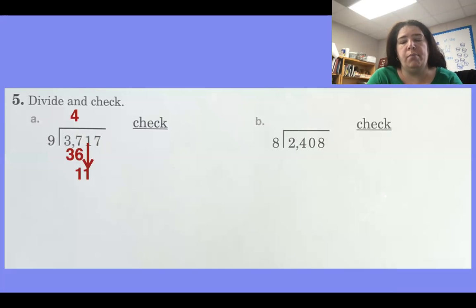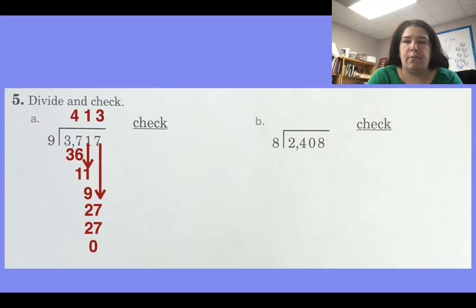Subtract and get 1, bring down the 1, you have 11. 11 divided by 9 is 1, and 1 times 9 is 9. 11 minus 9 is 2, and bring down the 7 is 27. 27 divided by 9 is 3, and 3 times 9 is 27, and you're left with 0. Now we check 413 times 9, and you should get 3,717.